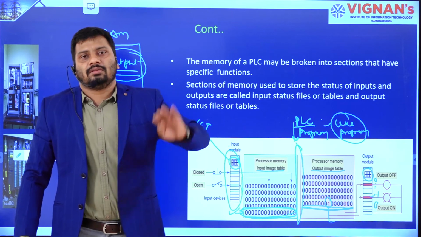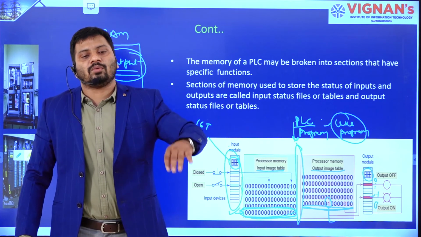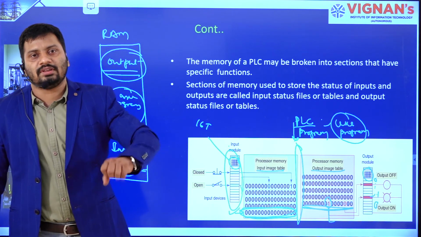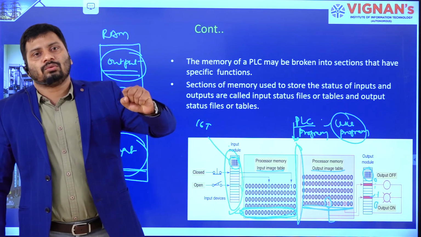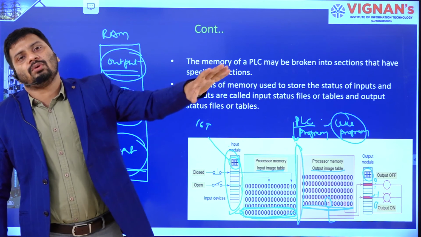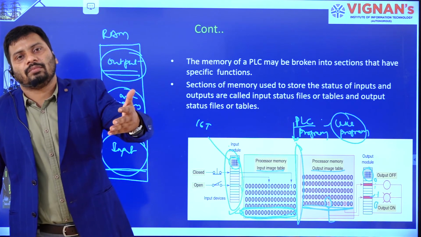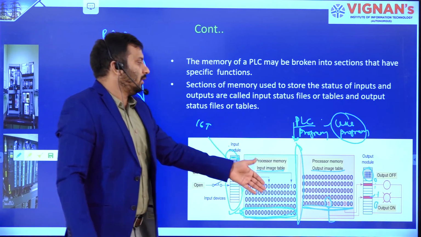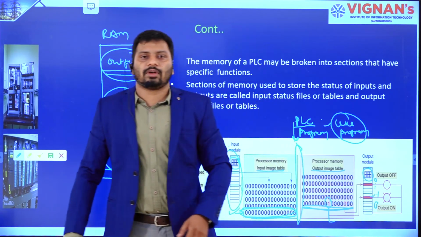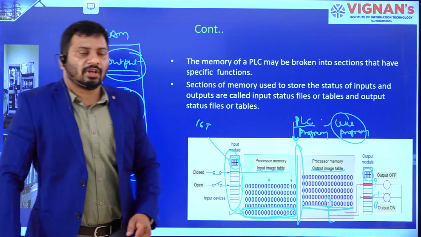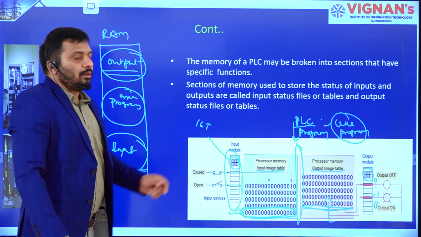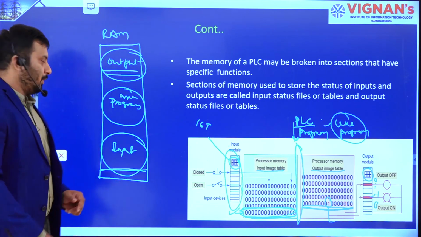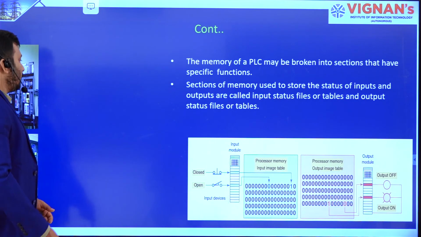From that, whatever bit combination is there in the output image block goes out from the output block to the output module. This is all done by the processor only, to update the output devices connected to the output module, right? So this is the way memory contributes in the CPU along with the processor.